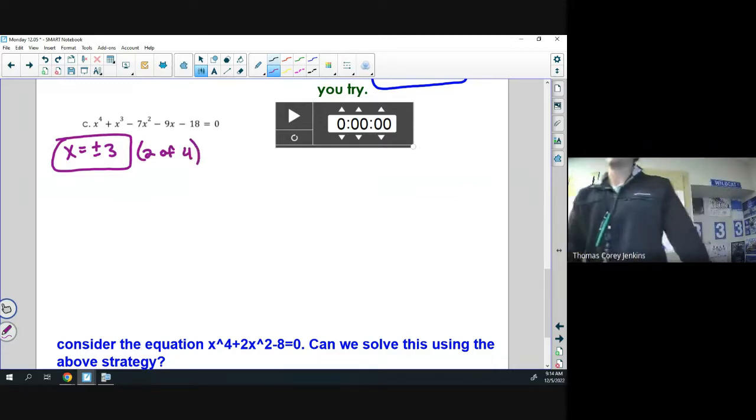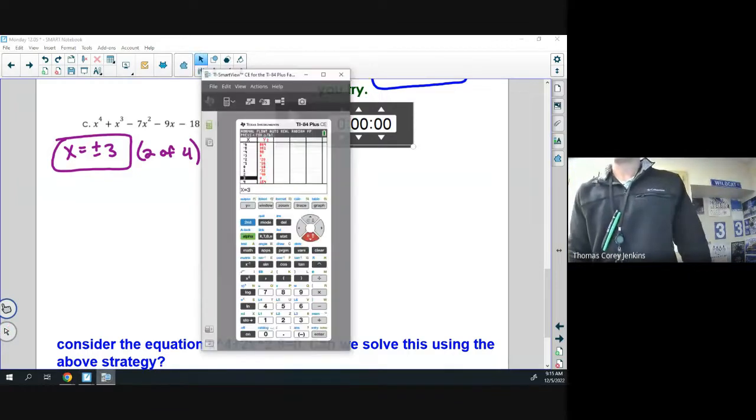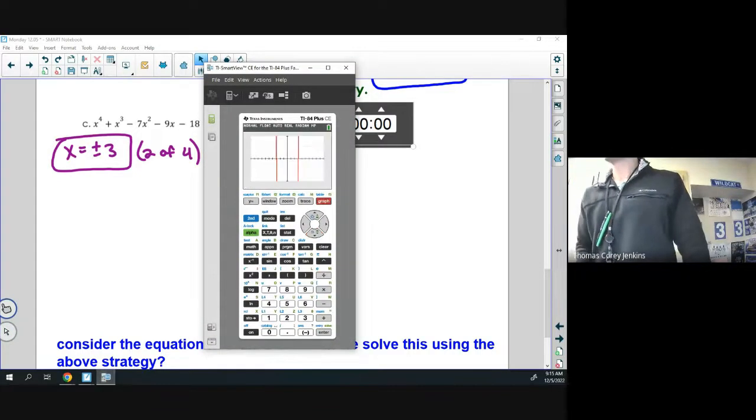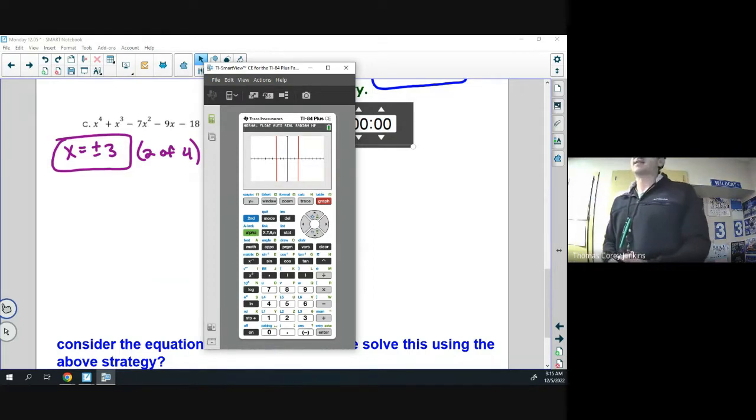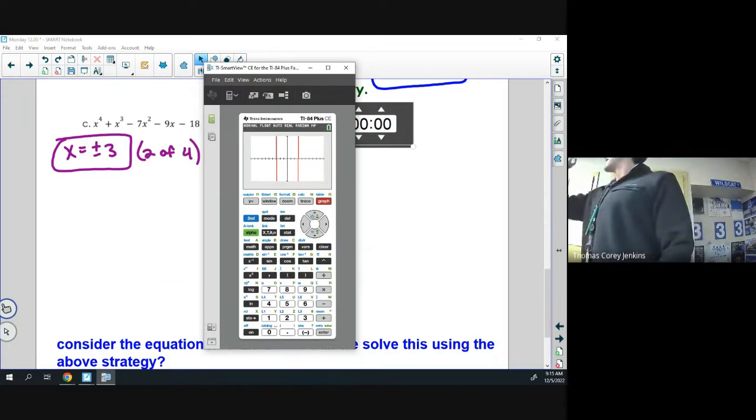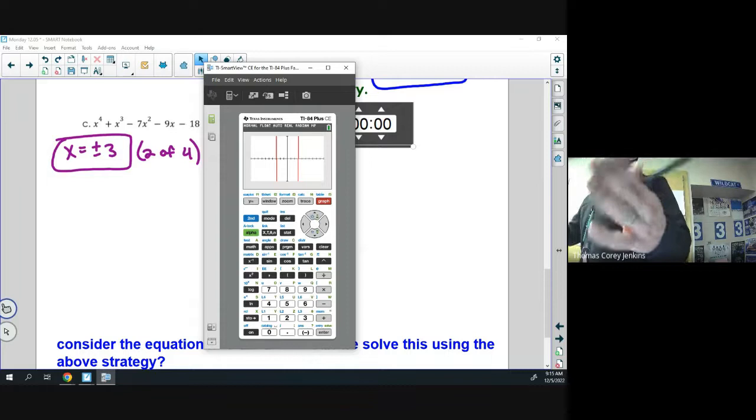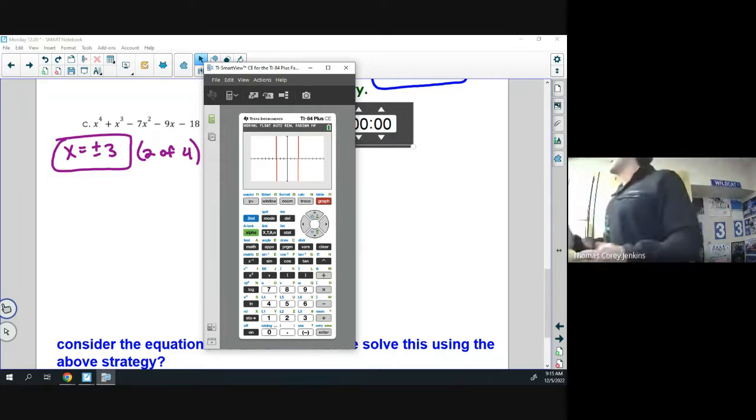It also appears that the other two aren't going to be x-intercepts, right? And here's where that end behavior thing can come into play. This acts like an upward-facing U because it's even, so it's going to finish up and up. That tells me it's not going to come back down anywhere, so our last two are going to be imaginary. This is all good stuff to know.